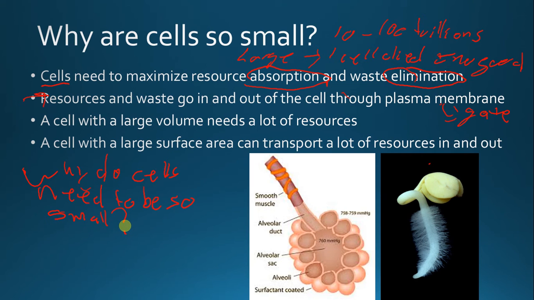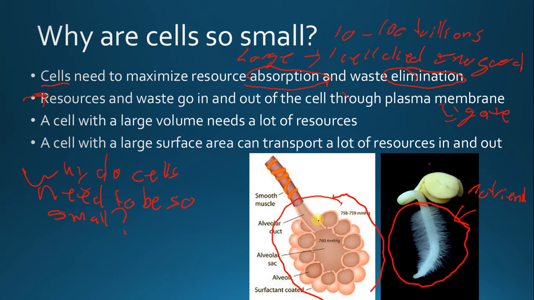But just a little hint, if you see root hairs, really small and thin, they're responsible for nutrient uptake. And in the human body, the alveoli is really puffy, round, with thin walls, and used for gas exchange. So maybe those two examples will help you think of why cells need to be so small.